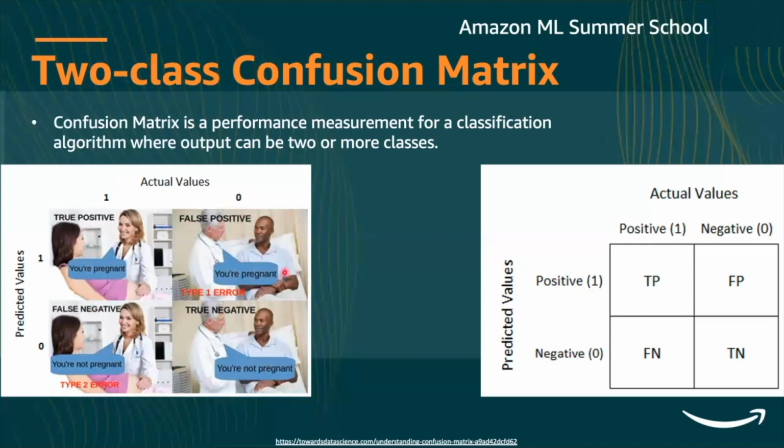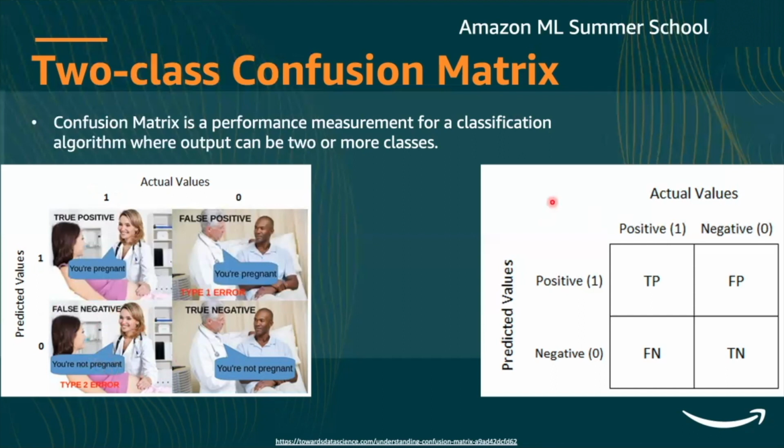This is typically not possible, and hence this is a false positive, because the model, which is the gynecologist, is saying the male is pregnant, which is a positive case, and it is wrong. Similarly, you have the false negative case. A woman goes to a gynecologist, she's actually pregnant, the true value is 1. However, the gynecologist says you are not pregnant. So this is a false negative case.